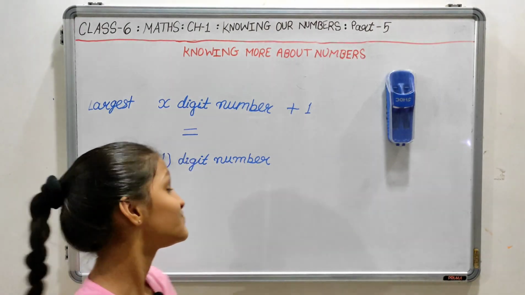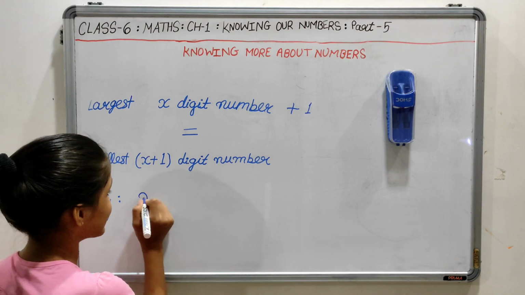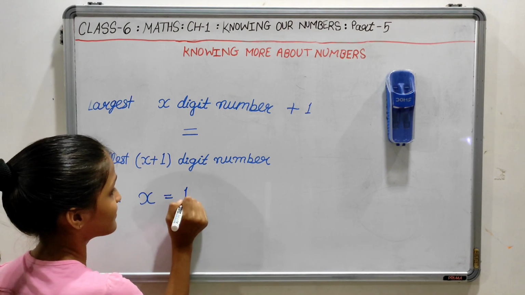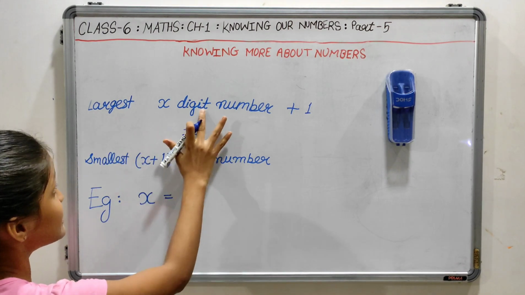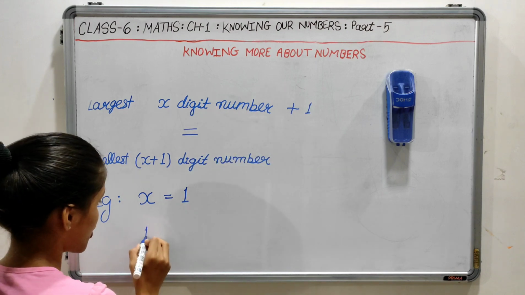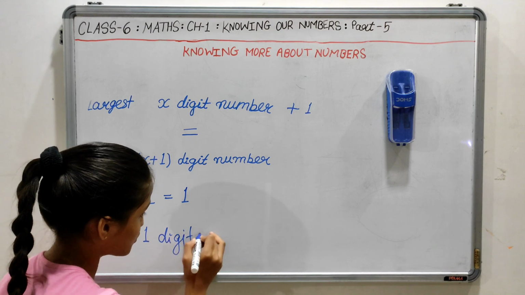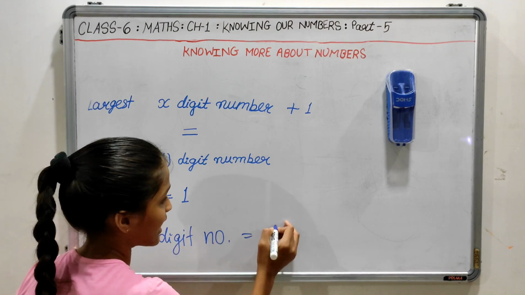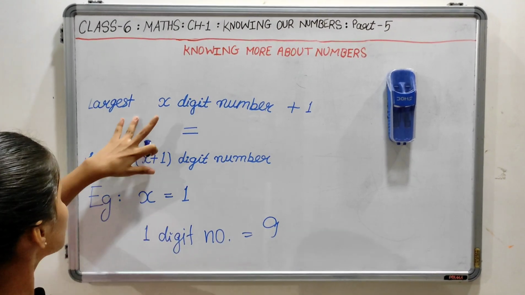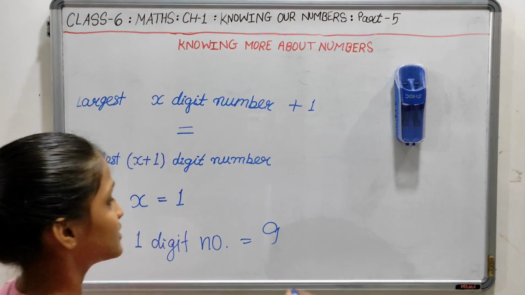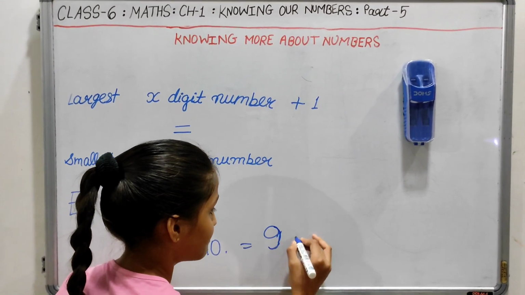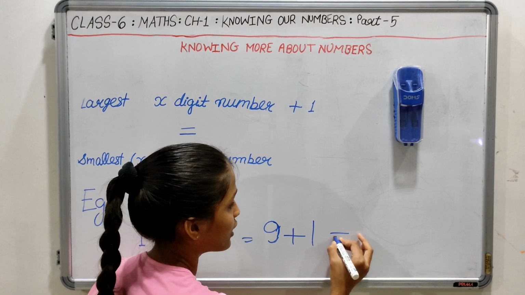What does that mean? If x equals 1, then the largest 1-digit number equals 9. Now it says number plus 1, so we add 1 here. We get 10.